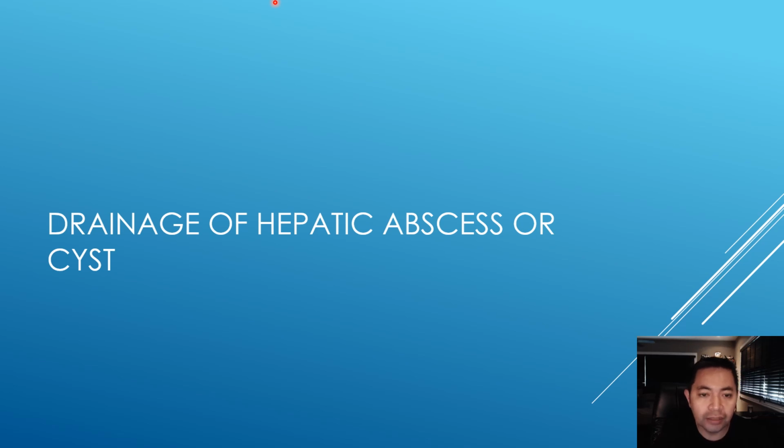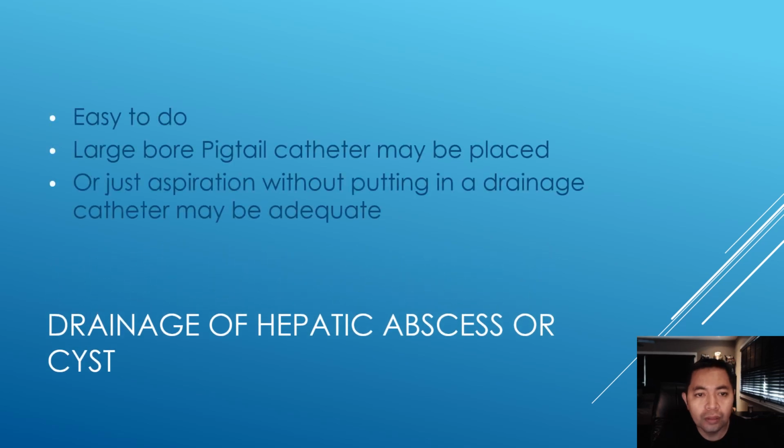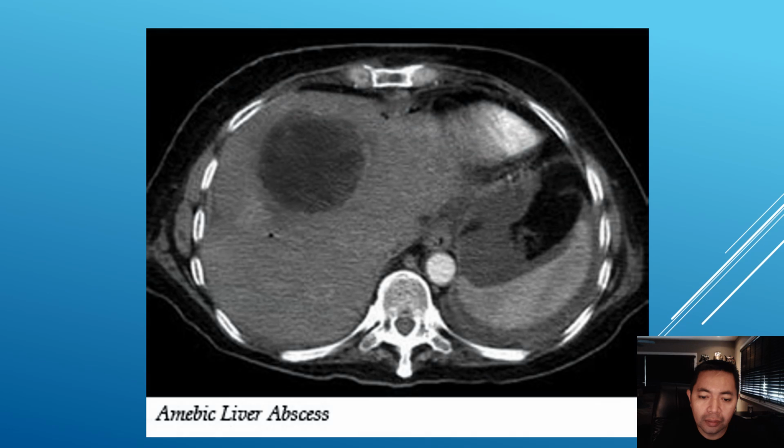Drainage of hepatic abscesses or cysts. Doing drainage of large abscesses or cysts are fairly easy to do compared to PTBD. Amoebic liver abscesses like this are pretty hard to miss on ultrasound.